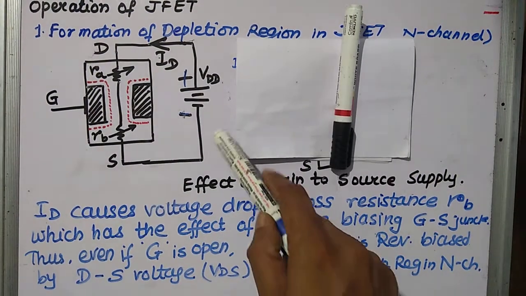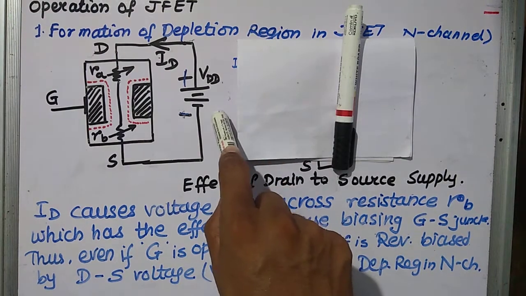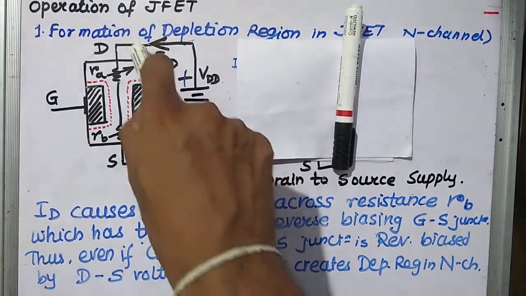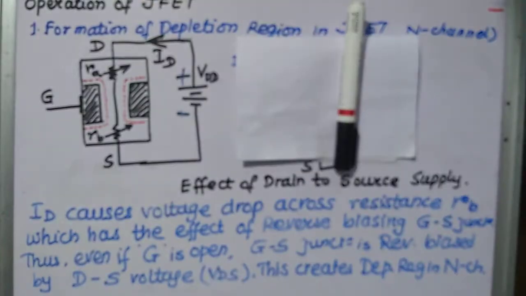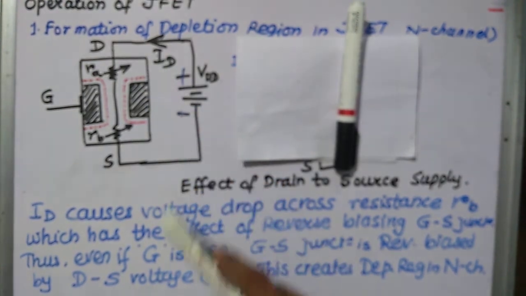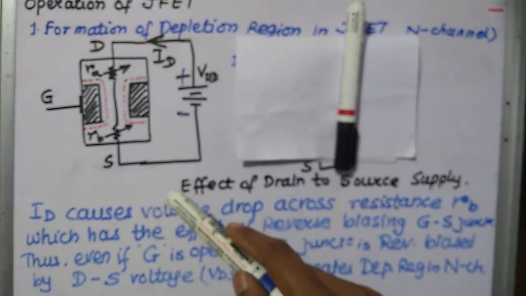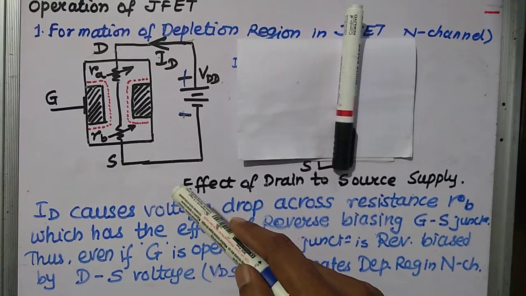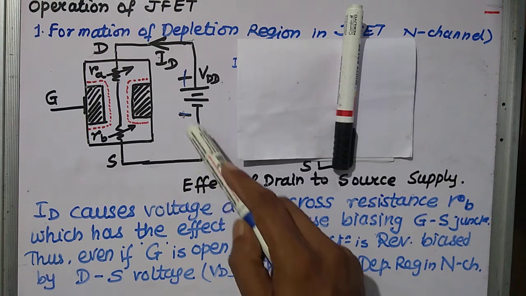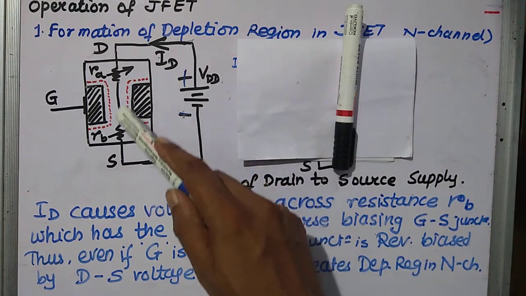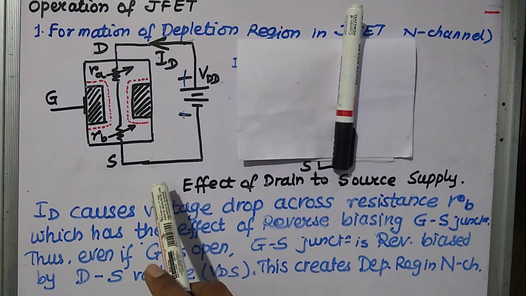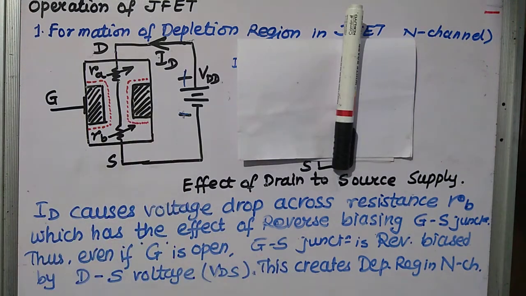Now as mentioned, when we are applying drain to source voltage, the drain current is flowing through the N channel. This drain current, which is flowing through the N channel, causes a voltage drop across the resistance RB.